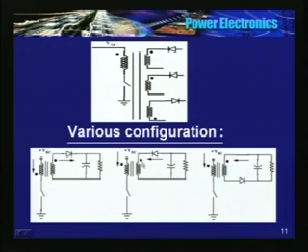Now see here, current is entering the dot here. Here also current should enter the dot. See the circuit connections here. So this terminal is positive, this terminal is positive. So here this is positive, this is negative.